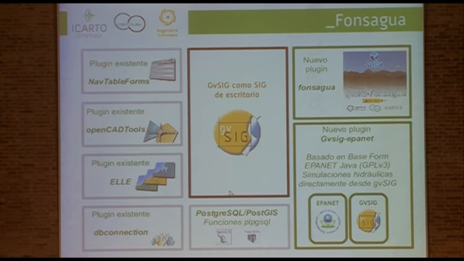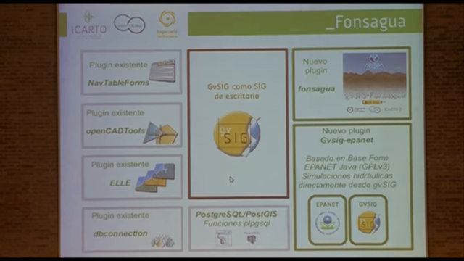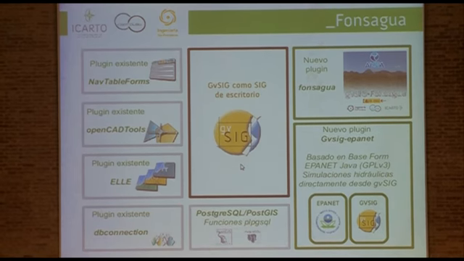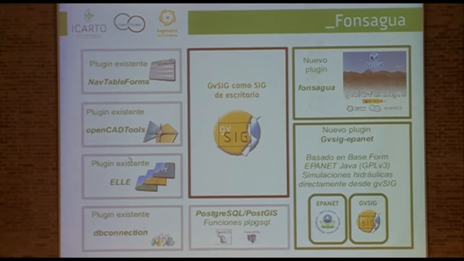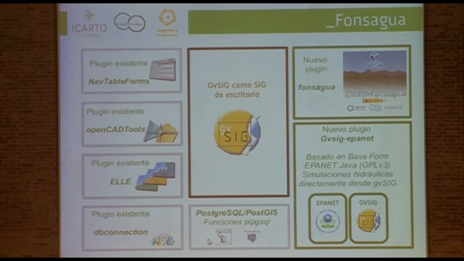gvSIG is the desktop GIS, and some of the plugins and libraries have been adapted, and some of them were done in Postgres for the part of Fonsagua which is in Postgres.